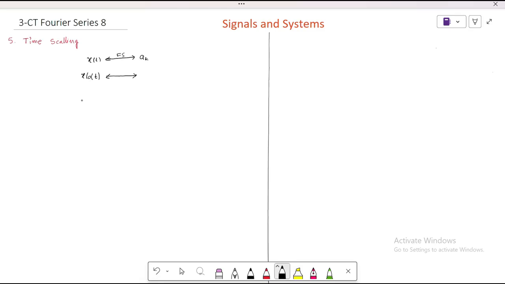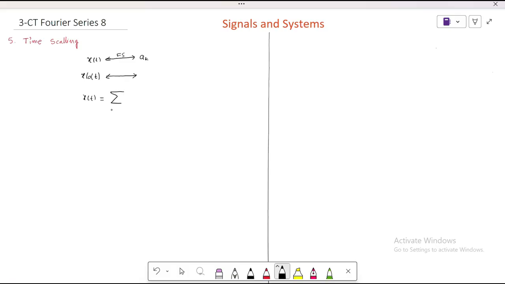For this explanation, again I'm taking the Fourier series representation. We know that any periodic signal can be written in terms of complex exponential signals.